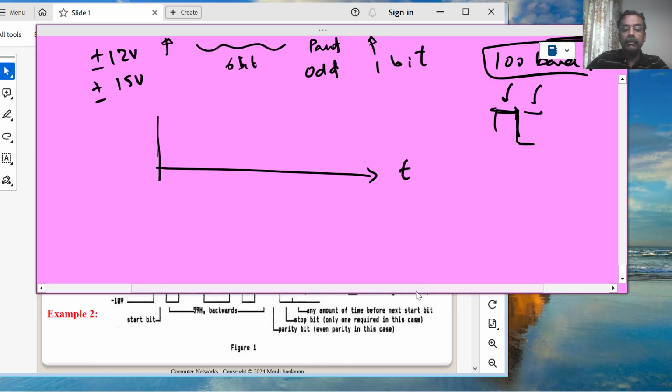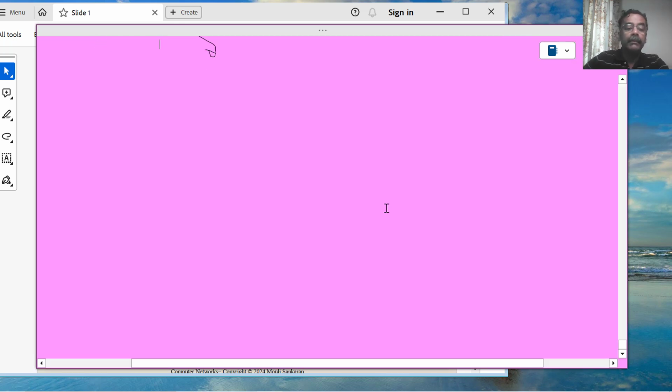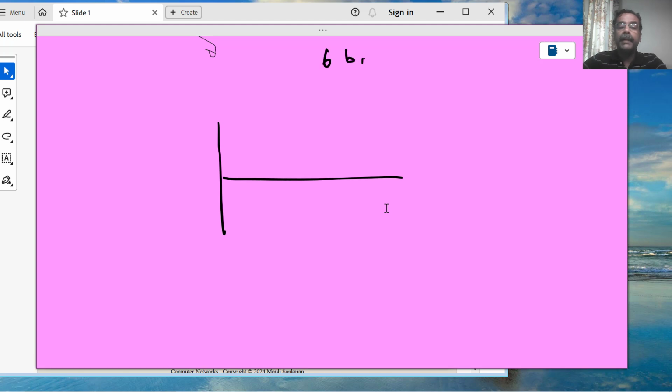So 6-bit data, and we said odd parity we are going to use, and the parity bit is 1 bit instead of 2. Start bit anyway is going to be there, which is 1 bit wide, and plus or minus 12 volts we are choosing as the encoding signal voltage level.